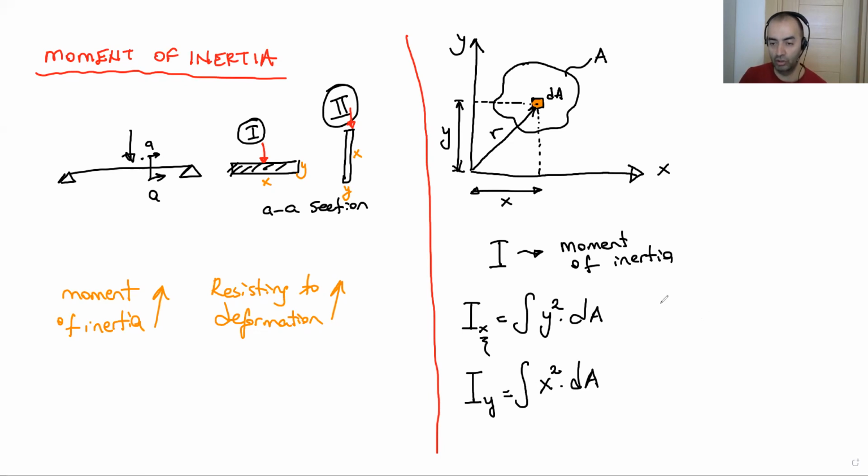So the general definition, I is the area times distance, and by the way, the perpendicular distance.